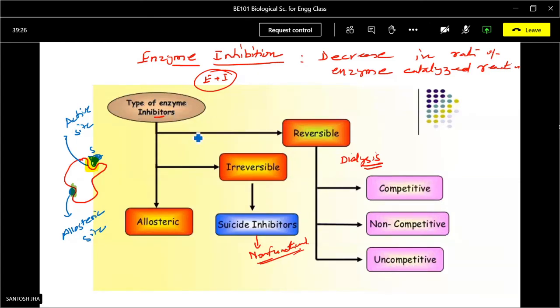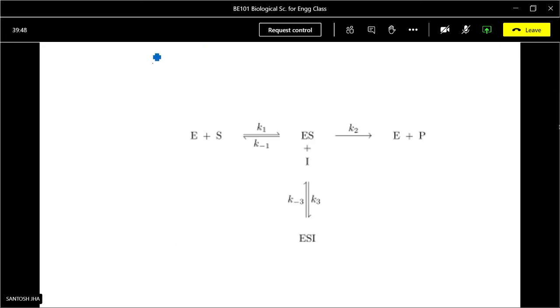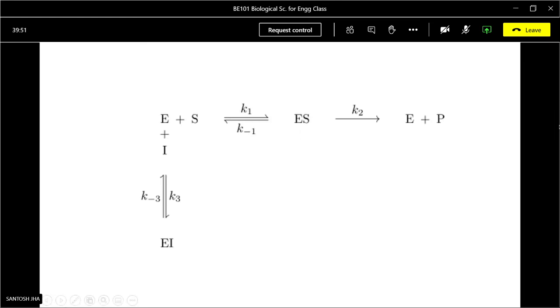Now we will discuss the difference between these three types. First is competitive inhibition.